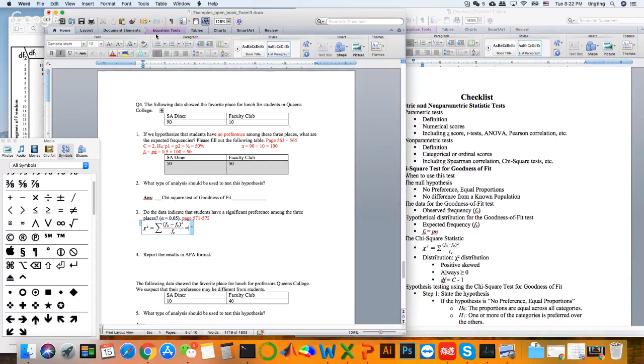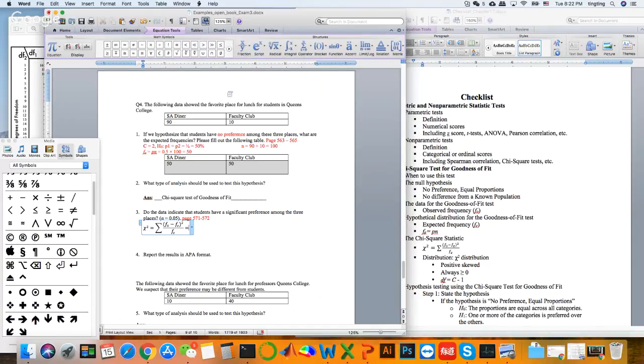Using this formula, we can do the simple computation, which equals 90 minus its FE, which is 50, squared, also divided by the FE, which is 50, plus here should be 10, which equals to what? Where is my answer?